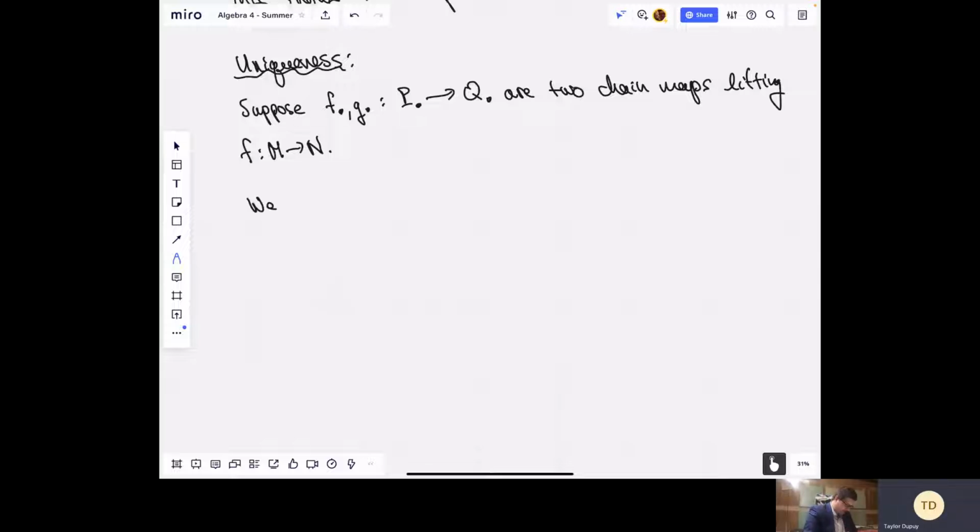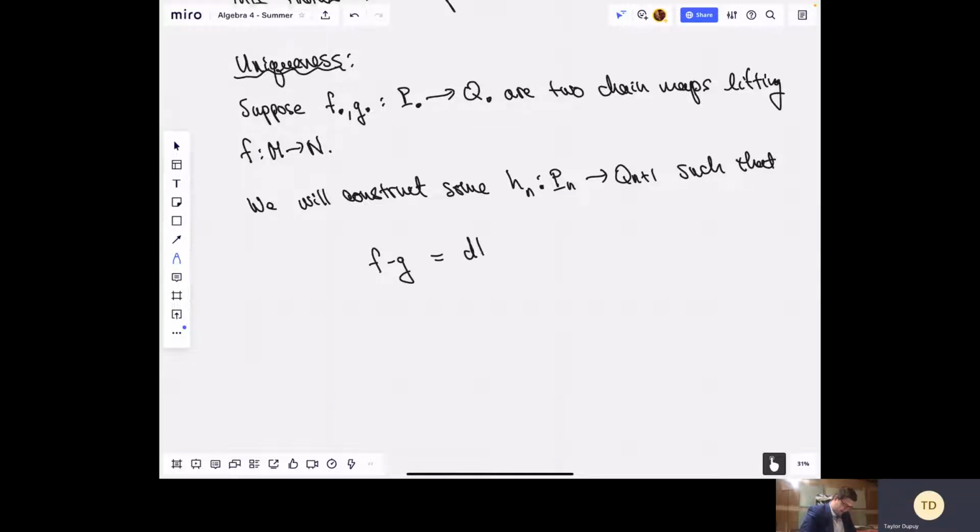So we will construct some H bullet, from Pn to Qn plus 1 for each n, such that F minus G at each n looks like DH plus HD.